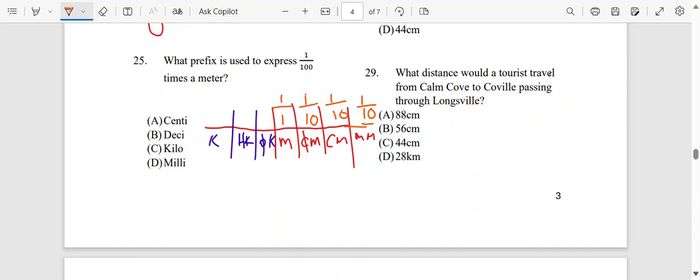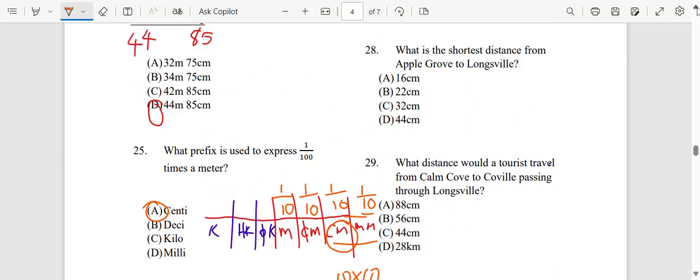So if it's 100, which is 10 times 10, that's going to equal 100. So it's just two of them, so it's here, centimeter. So centi would have been the choice, which is 1 over 100.